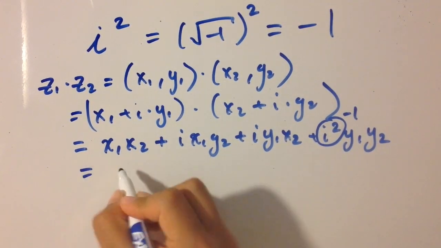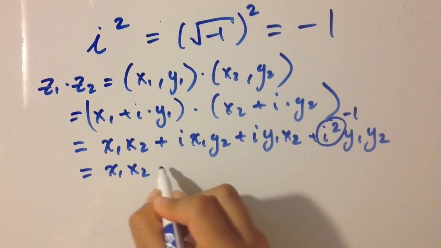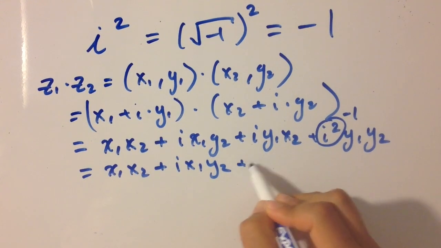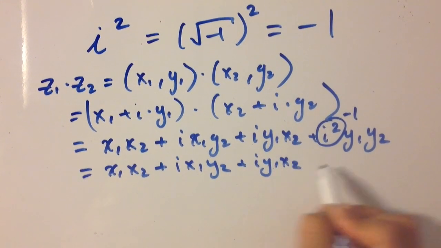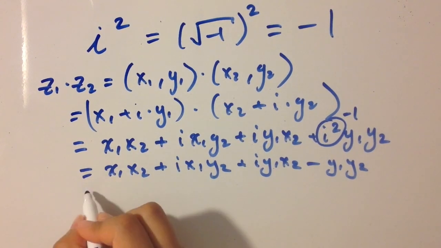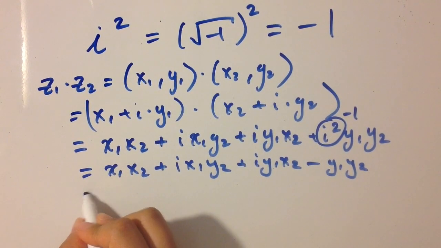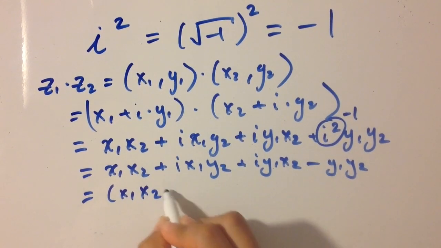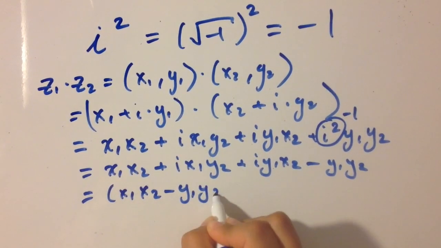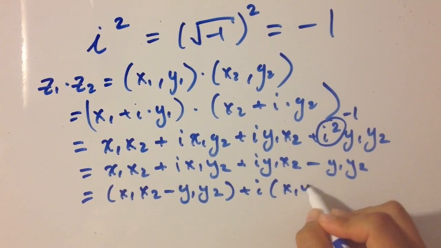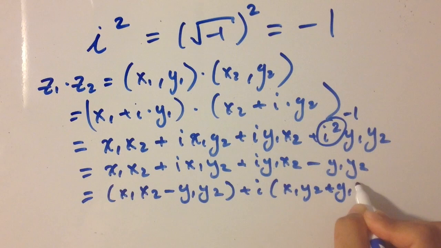So we can rewrite this as x1 x2 plus i x1 y2 plus i y1 x2 minus y1 y2. Grouping real and imaginary parts together, we get x1 x2 minus y1 y2 plus i times x1 y2 plus y1 x2.